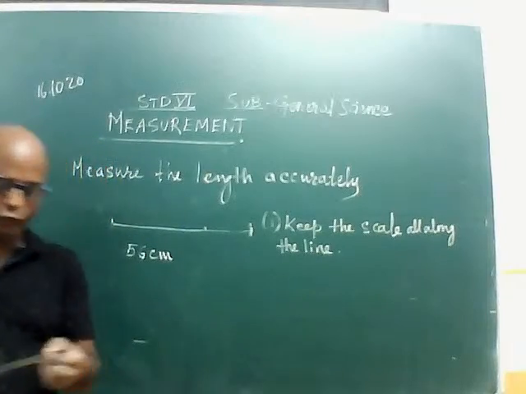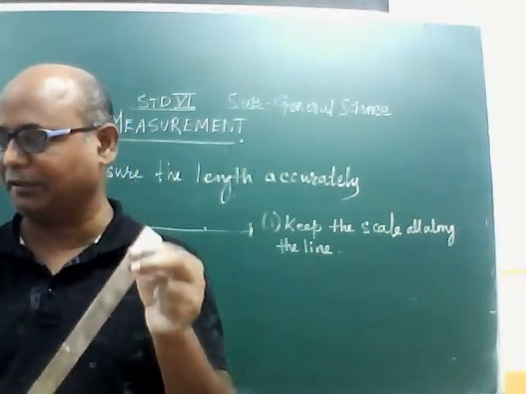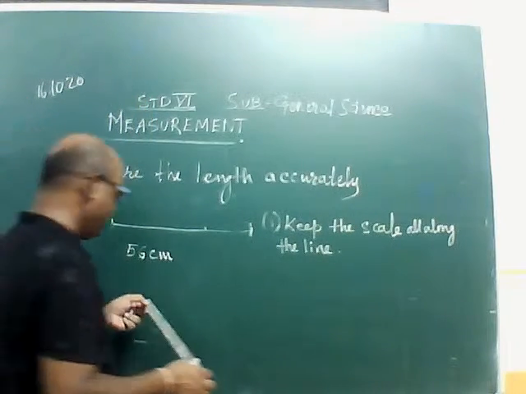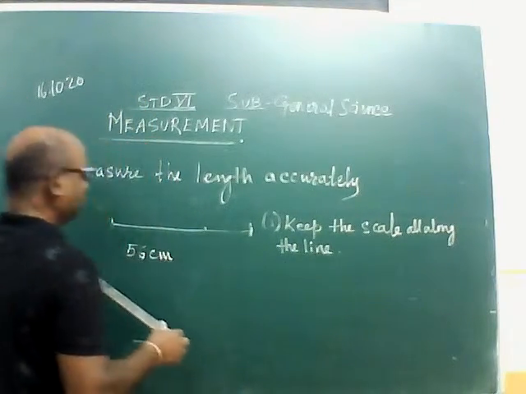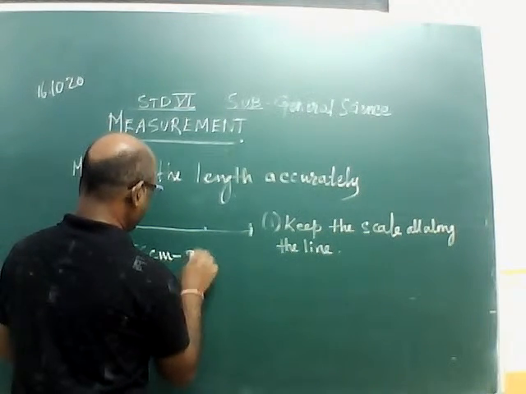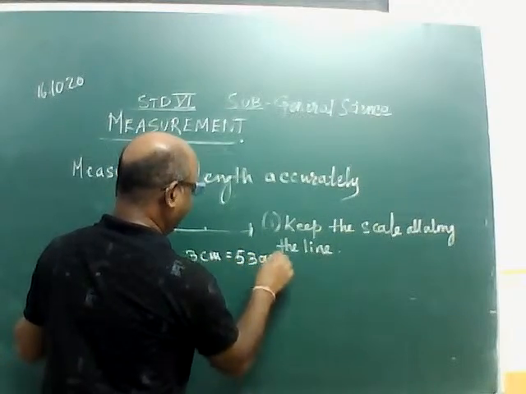But we started from which centimeter? The 3rd centimeter. So what will we do? 56 centimeter minus 3 centimeter is equal to 53 centimeter.